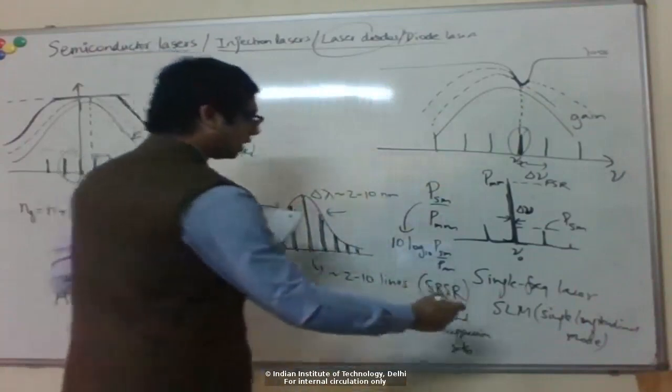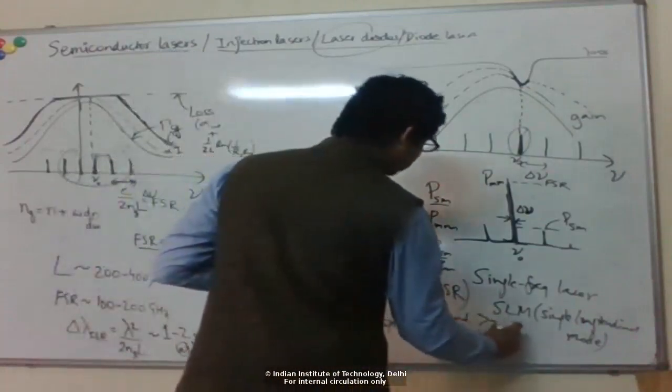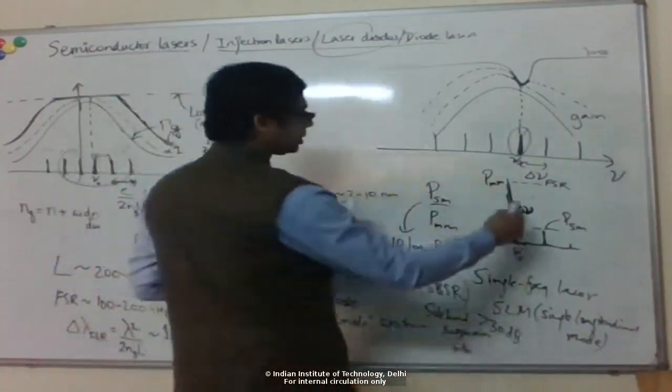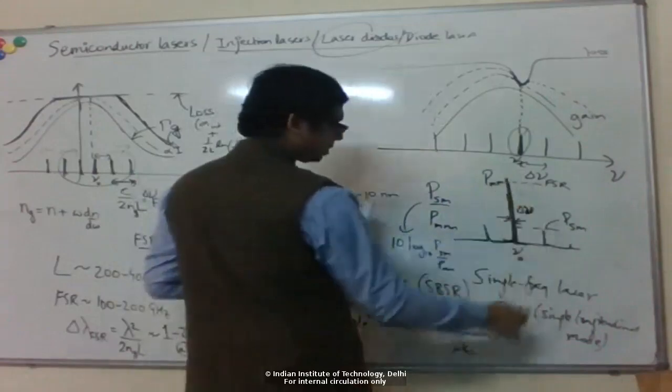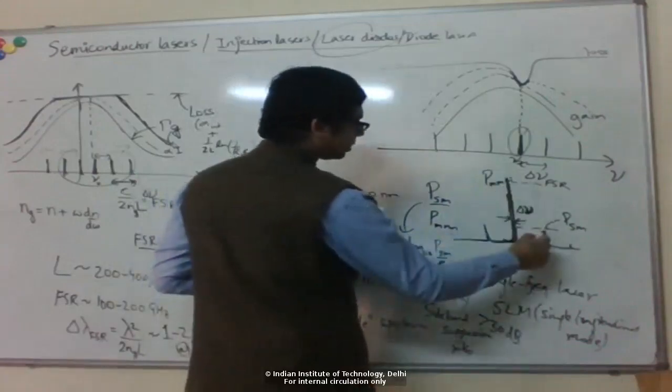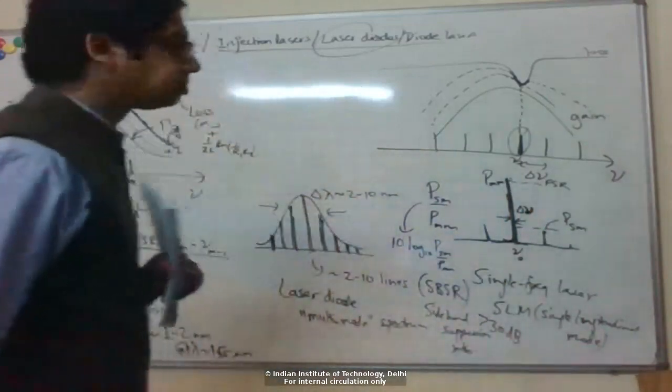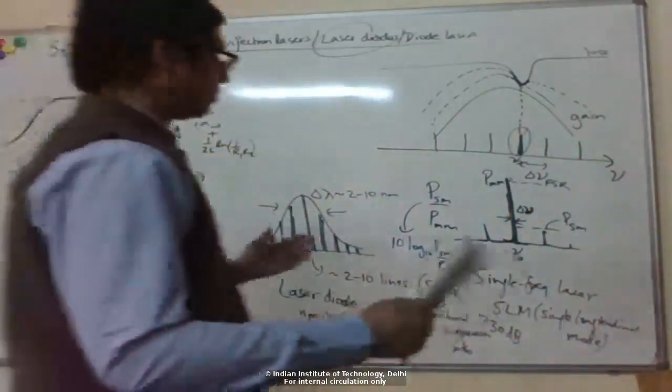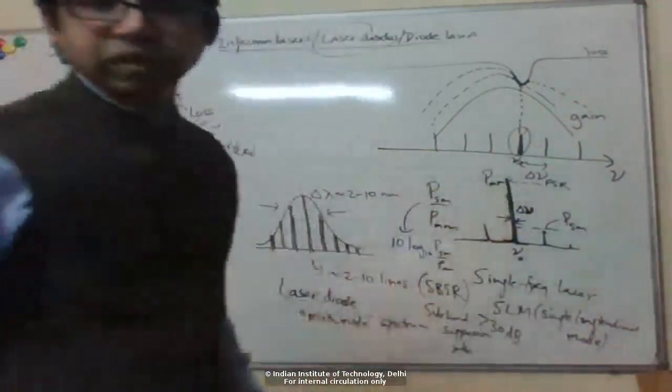For good lasers, you want this typically at least 30 dB or more, which means the power in the main mode is like 1,000 times higher than the power in the side mode. So that then well approximates a single frequency laser.